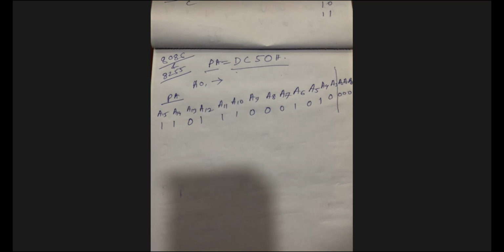Just draw the diagram and show it to me. A3 to A15 will be connected; the 0 bits will be connected through a NOT gate, and the 1 bits connected directly. Right? Everyone, make the same picture.